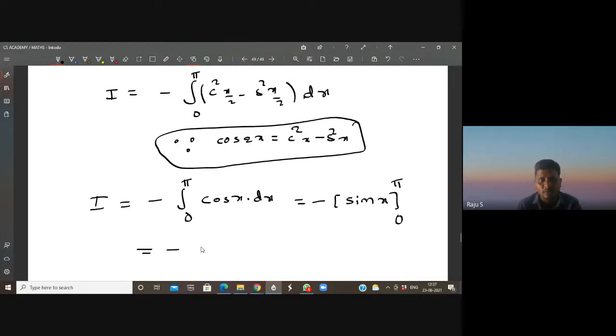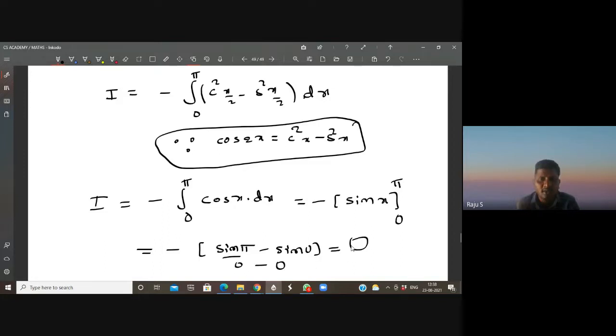Now minus sin pi minus sin 0. Sin 180 is 0, 0 minus sin 0 is 0. So we are going to get 0.